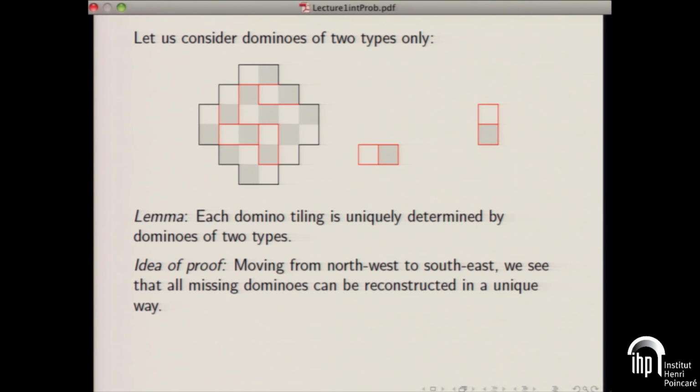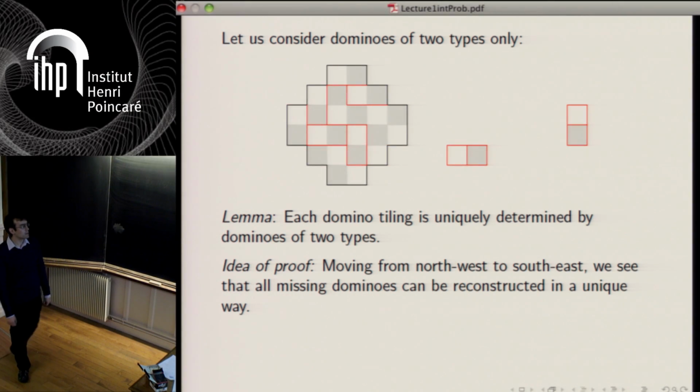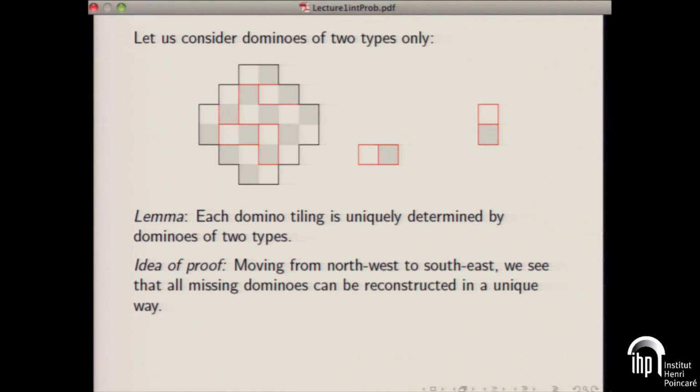So at least on this example, we do see that the domino tiling is uniquely determined by dominoes of two types. And this happens in the general case as well. So it's probably not reasonable to prove it in all details, but it works exactly in the same way.